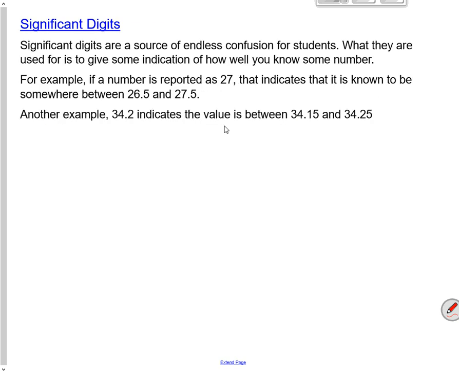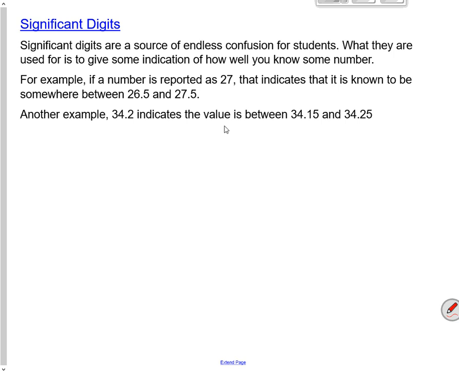Significant digits. This is a huge bugbear for most students. The idea of a significant digit is you're trying to express to somebody else how well you've measured that number, whether it's the length of the table or the speed of the car on the interstate.